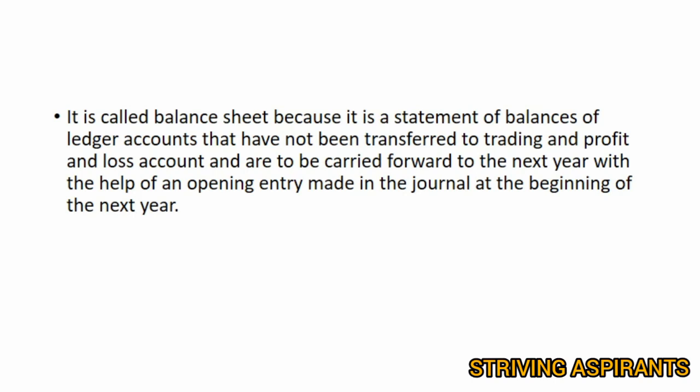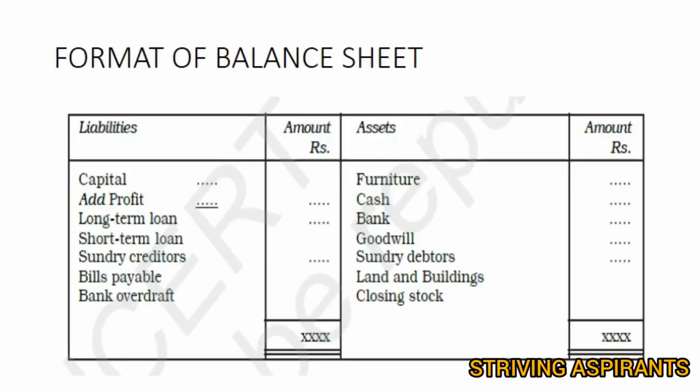Whatever is not considered in the profit and loss account will be carried to the balance sheet. Whatever profit or loss will be carried to the balance sheet, and moreover whatever assets and liabilities the company is having at the end of an accounting period will also be shown.